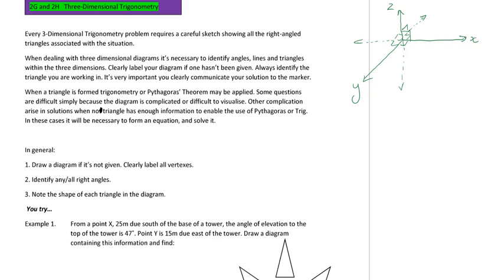Drawing the diagram, if it's not given, is one of the most difficult parts of these questions. There is no new trig, and really every calculation is based on either Pythagoras or right angle trigonometry.